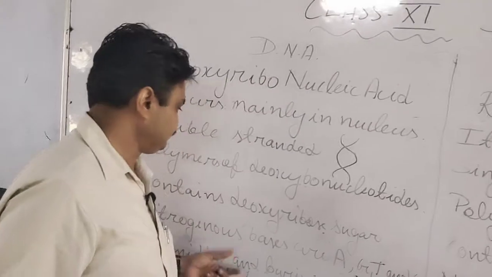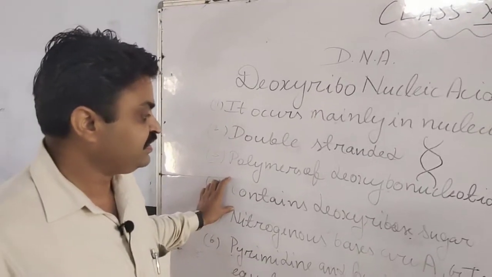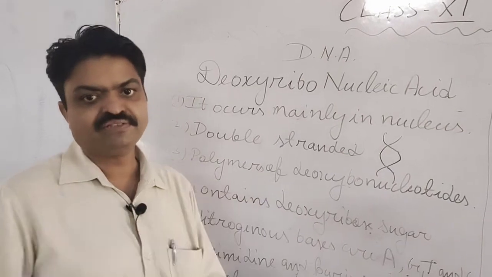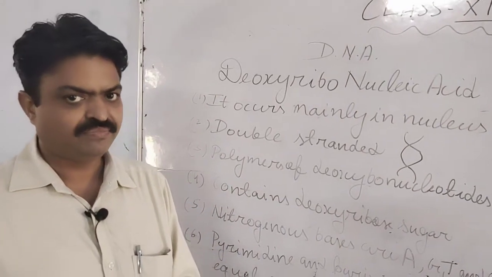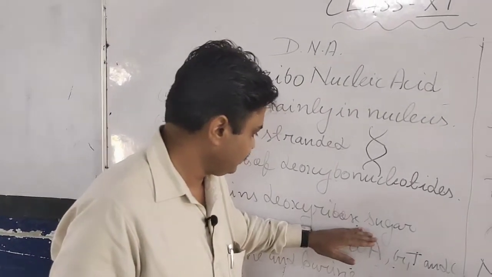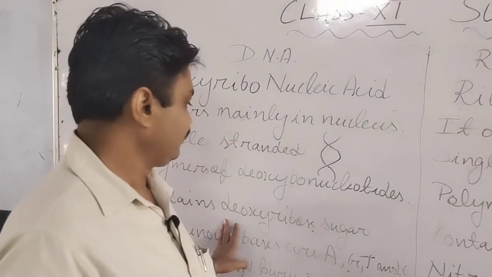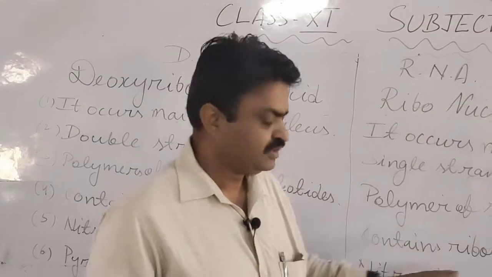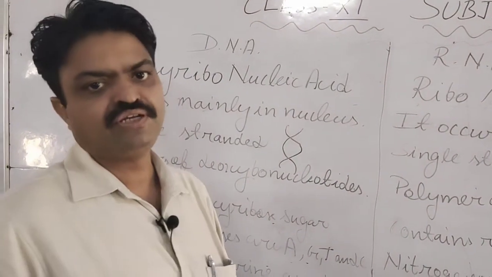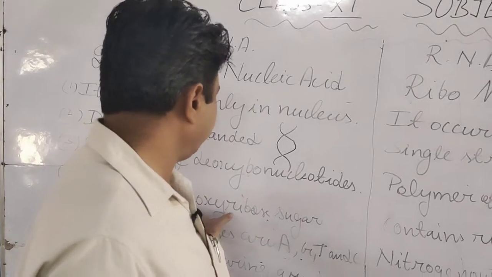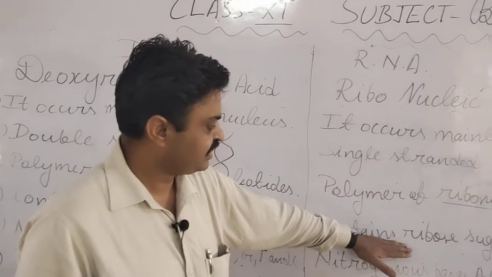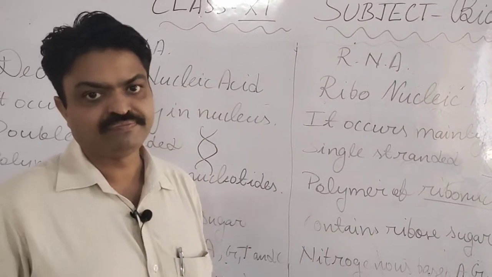DNA contains deoxyribose sugar, student. As we have discussed, nucleic acids contain sugar in the form of deoxyribose and ribose sugar. So what type of sugar does it contain? DNA contains deoxyribose sugar and RNA contains ribose sugar.